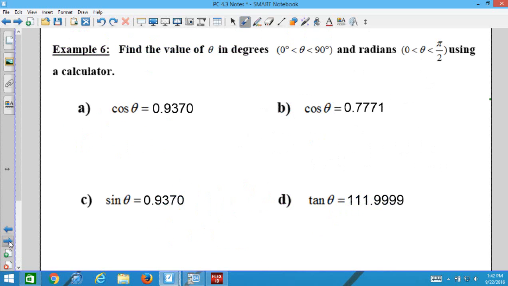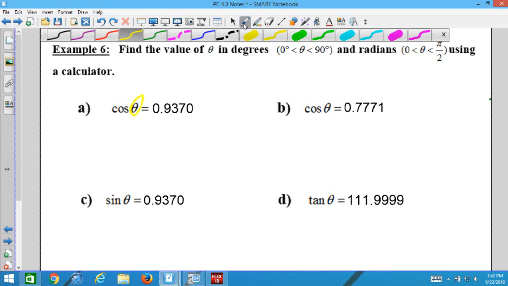All right, next section, we're going to find the value of theta in degrees, but we're going to do this using the calculator. So to find theta, what we're really doing is solving an equation where we isolate theta. We're going to get theta by itself. So what do I have to get rid of so I have theta by itself? Cosine. The only way to get rid of anything is to do the inverse operation.